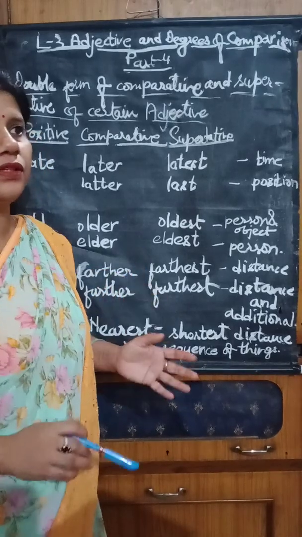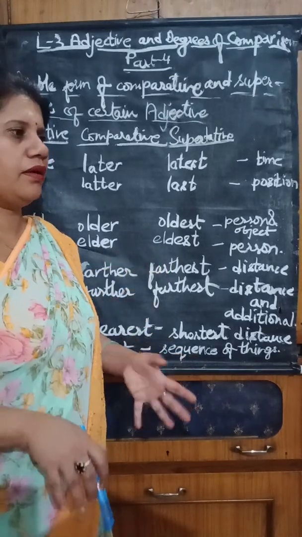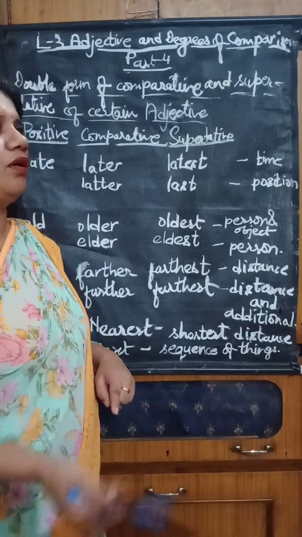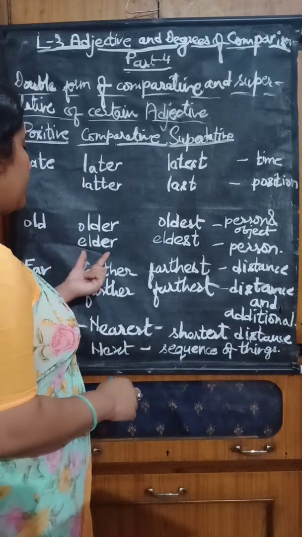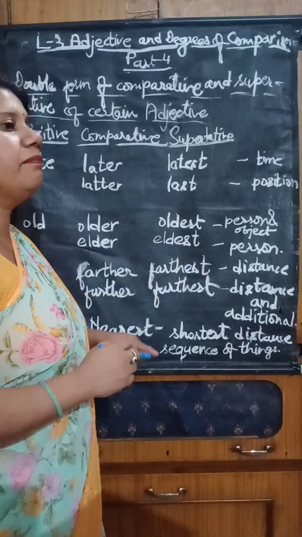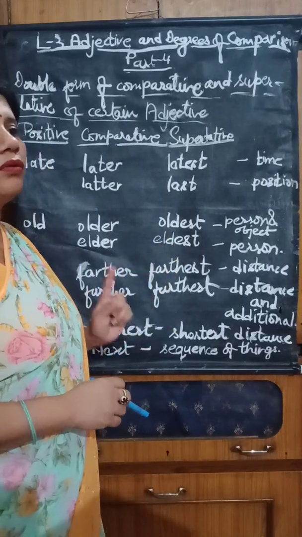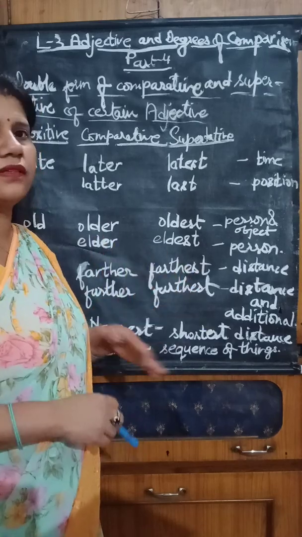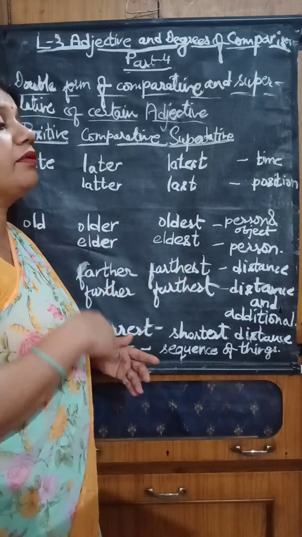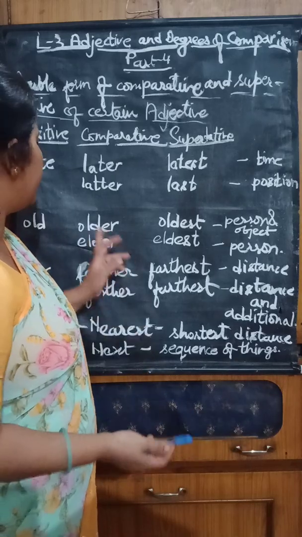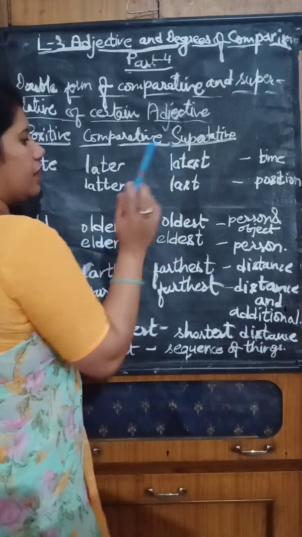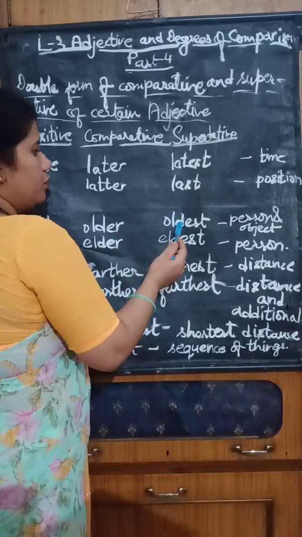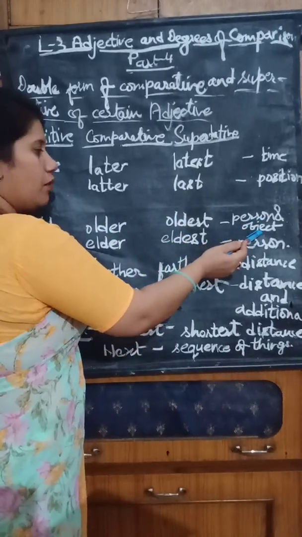Suppose you are living in a village or a town, suppose in Prayagraj. When you are talking about your family members, then you use elder and eldest. But when you are talking about the area where you live, say Civil Lines, and you are talking about the people of that area, then you use the words older and oldest for them. Older and oldest can be used for both persons and objects.